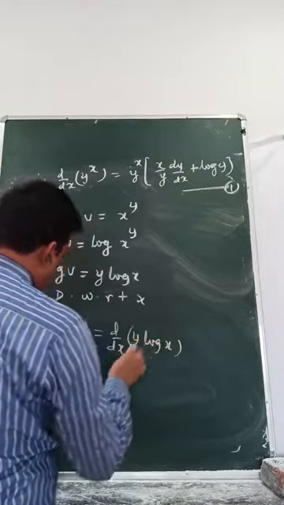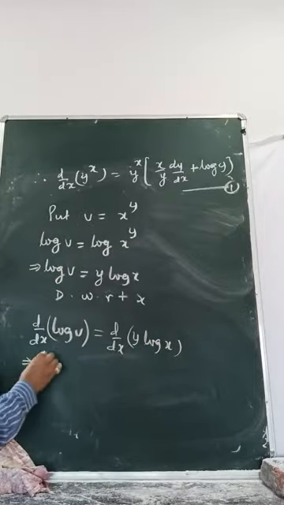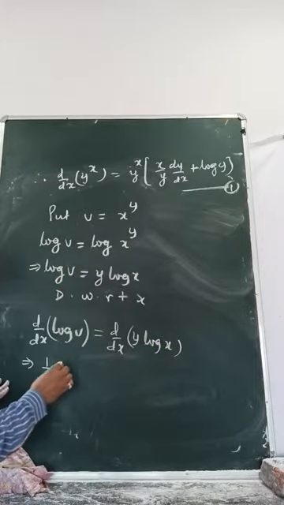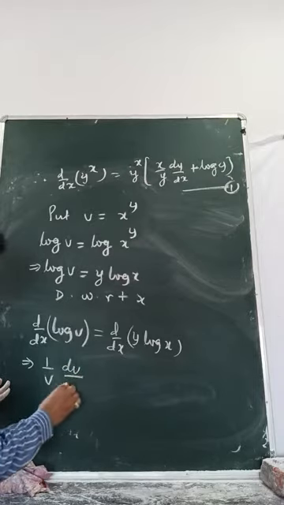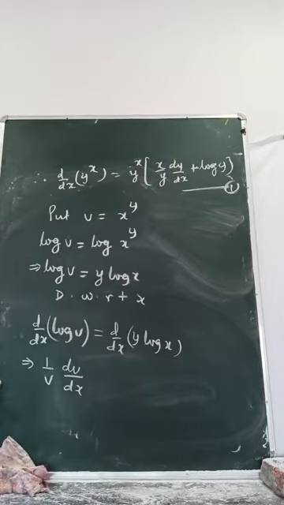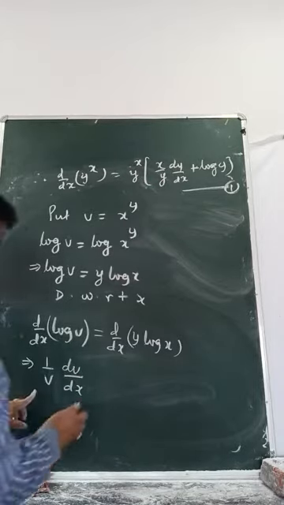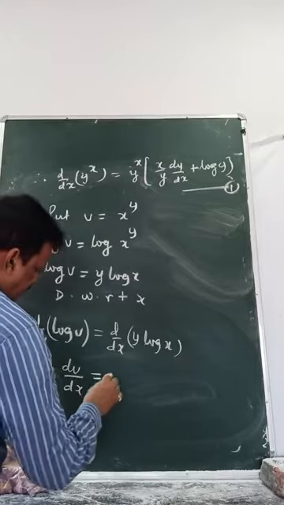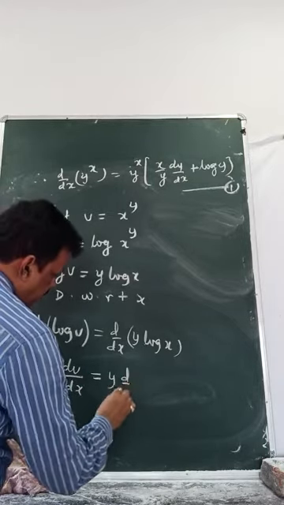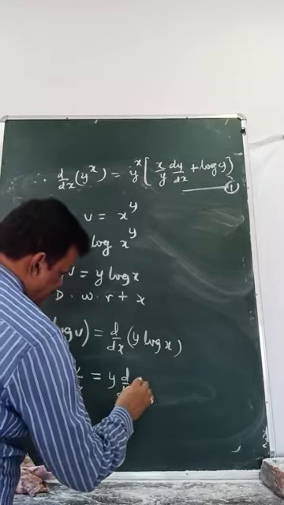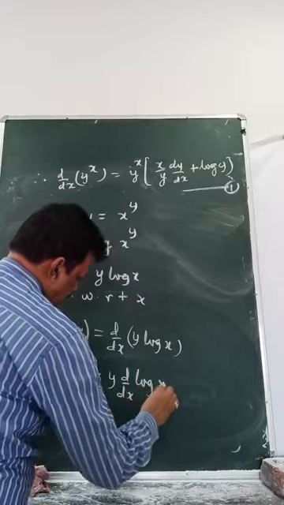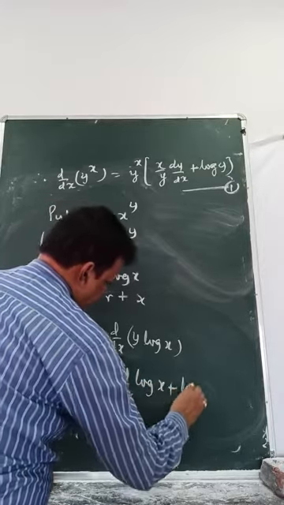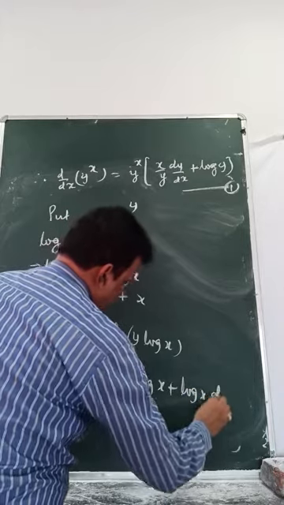Same procedure: 1 upon v dv by dx equals first function into derivative of second plus second function into derivative of first.